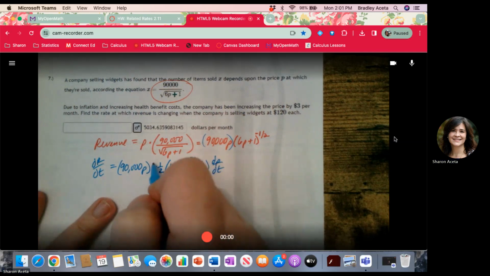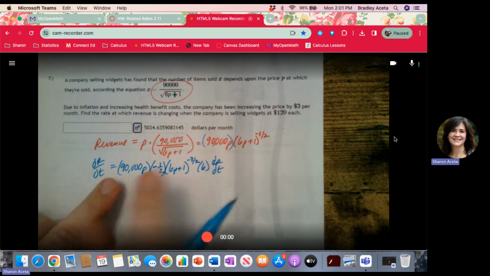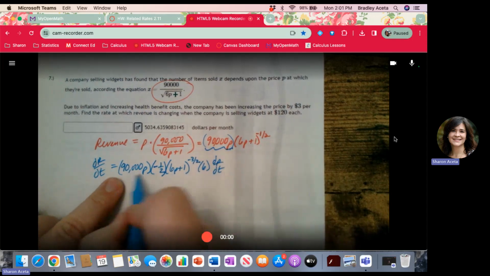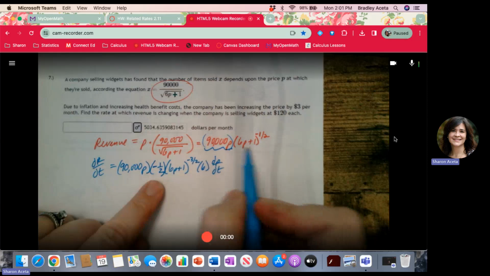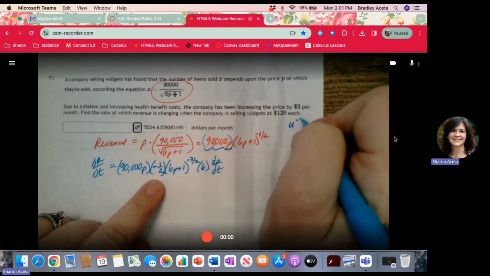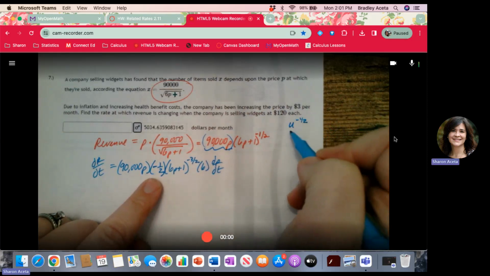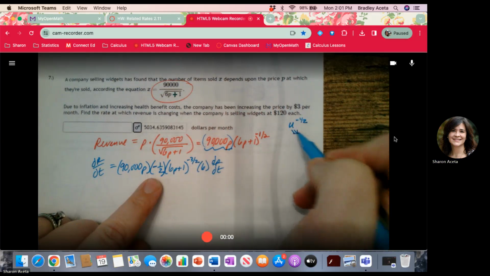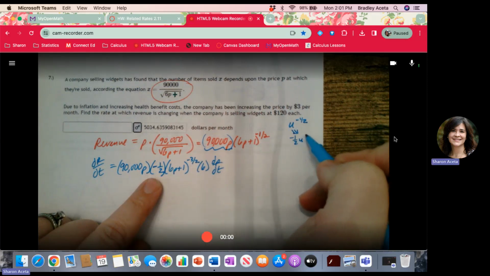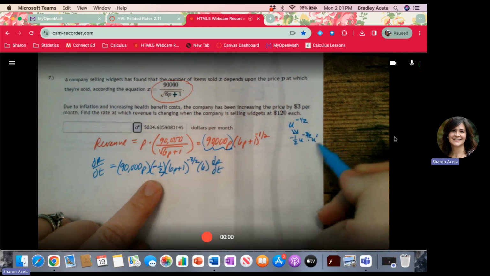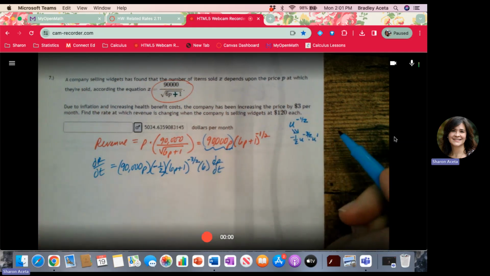Let me put a parenthesis around here because that looks like minus. So let me go through that again. That was first times the derivative of this. Remember, this is like u to the negative 1/2, so the derivative of that would be negative 1/2 u to the negative 3/2 times the chain, but also times dp dt, because we're talking about a different variable here with respect to time.